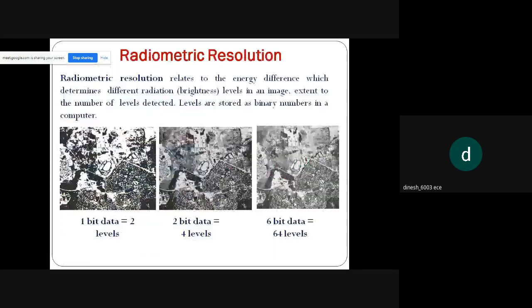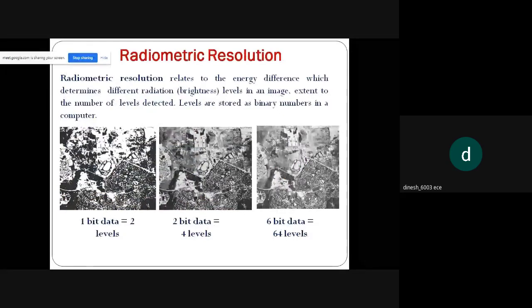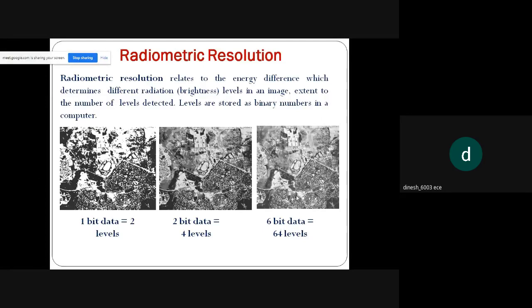Next is the radiometric resolution. So this relates to the energy difference, which determines different radiation, which is brightness level in an image. You can see the first picture. There is 1-bit data or 2-level radiometric resolution. The same is taken with 2-bit data, which is 4-level.